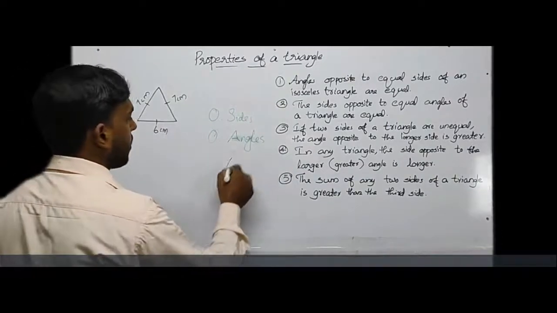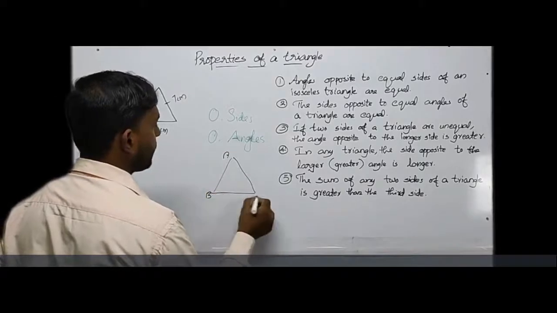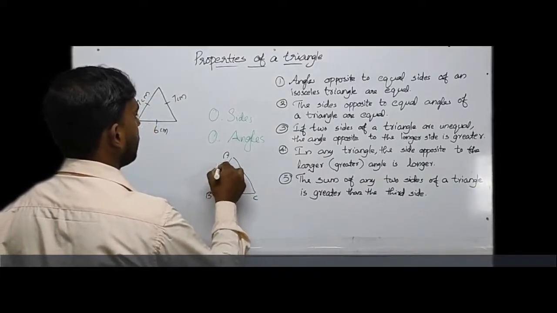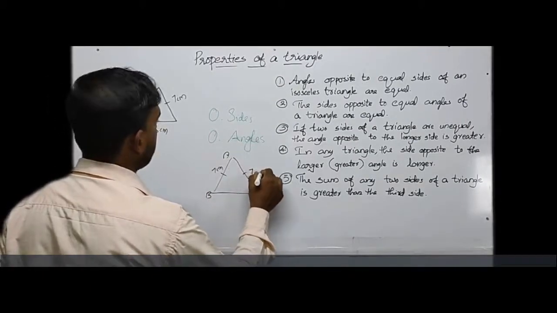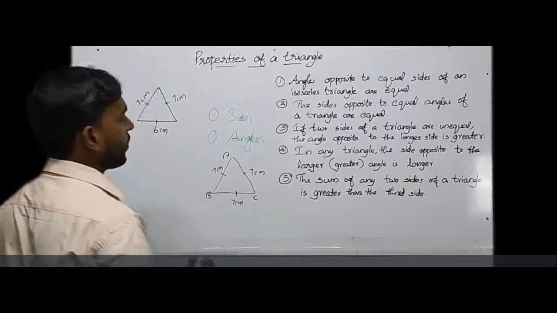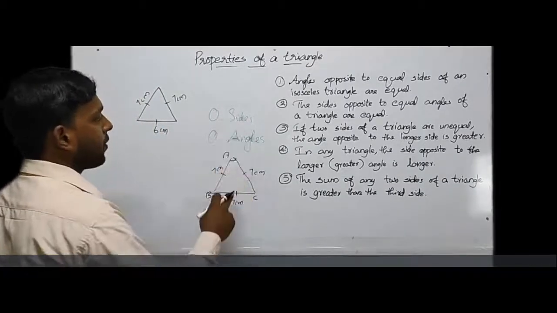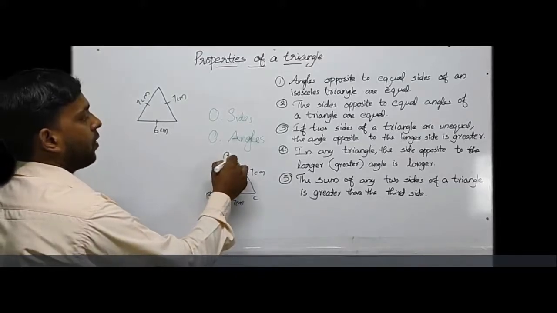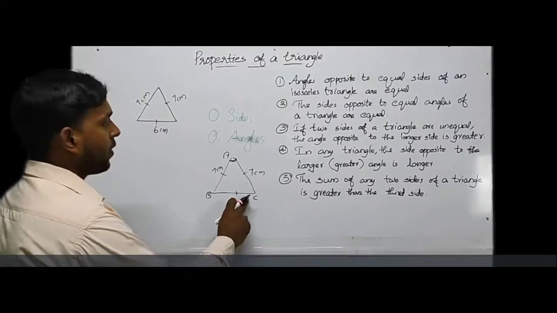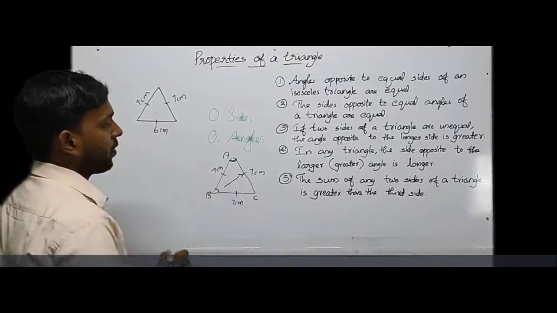If I take a triangle here, A, B, C, this is, let's say, 7 centimeter, and it has again 7 centimeter here. Opposite side means if I take angle A, its opposite side is BC. If I take angle B, its opposite side is AC.